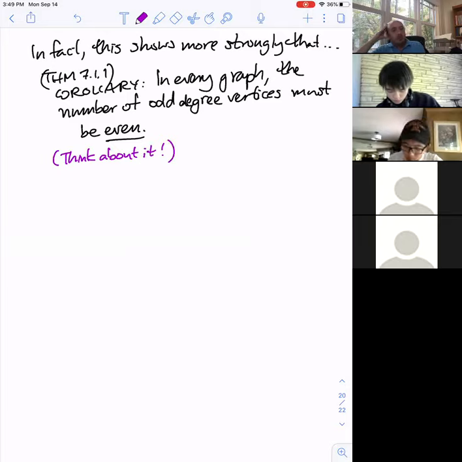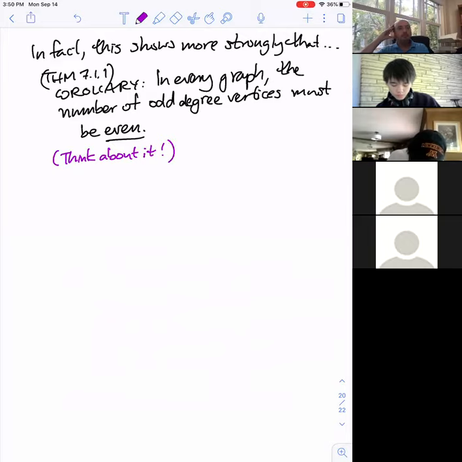All right, so I want to do some more examples where we're counting in two ways using this principle. And actually, I want to do some more graph theory examples. They're kind of fun. So let me move on to another graph theory counting in two ways thing with vertex degrees. Any questions before we do that? Okay.